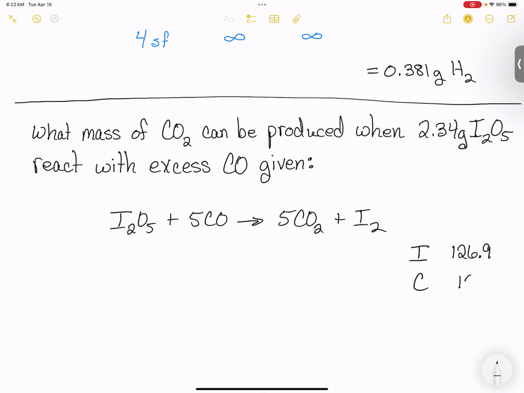Carbon has a mass of 12.01, and oxygen has a mass of 16.00. Those are the individual elements' molar masses.